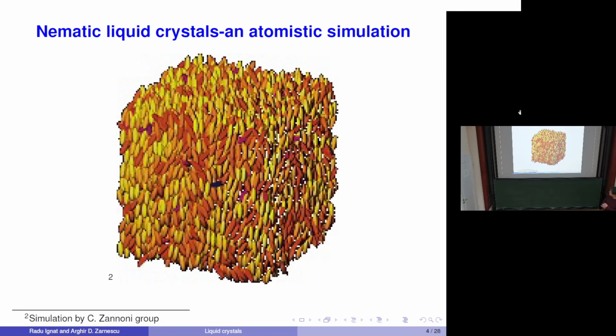So what people do is they simulate. Yeah. So this is actually a molecular simulation from the group of Claudio Zannoni, and this is partly based on what they expect to happen. And what you have are these rod-like molecules. So these are like small columns, yeah, small cylinders whose length is much more than the thickness. Yeah.